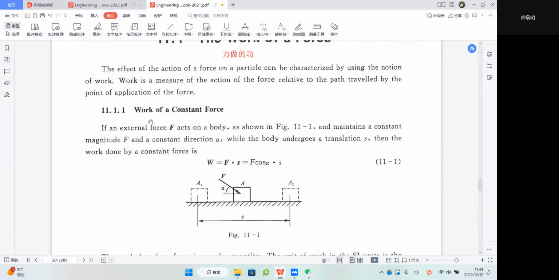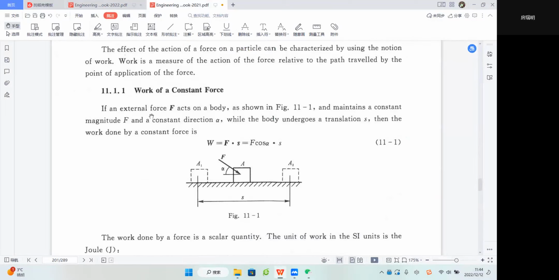Let's talk about the concept of work of a constant force. Force is a vector; if its magnitude and direction never change over a certain time span, we call this force a constant force.